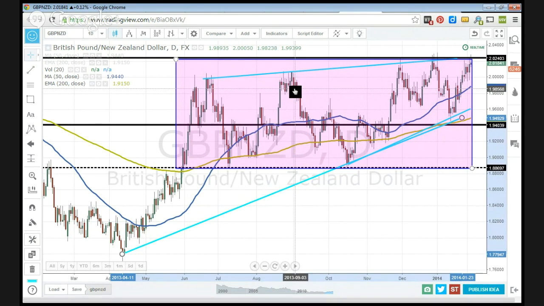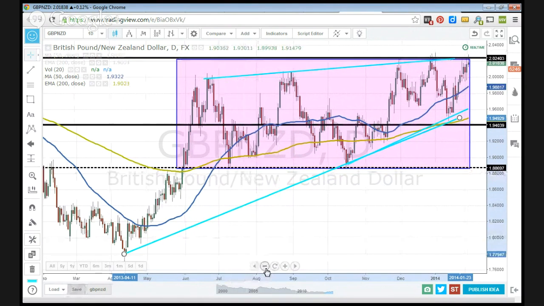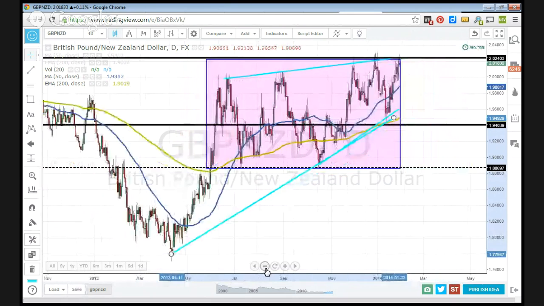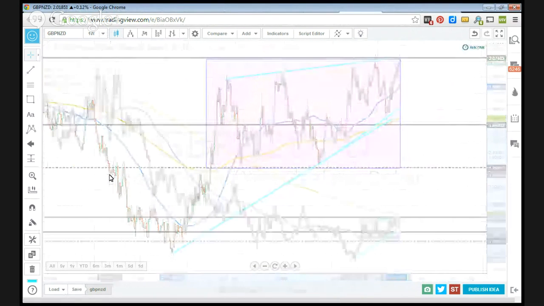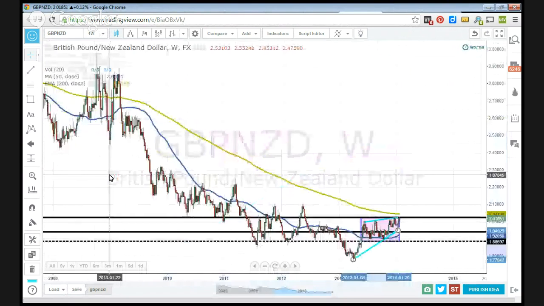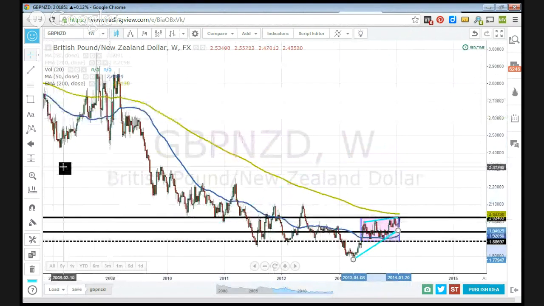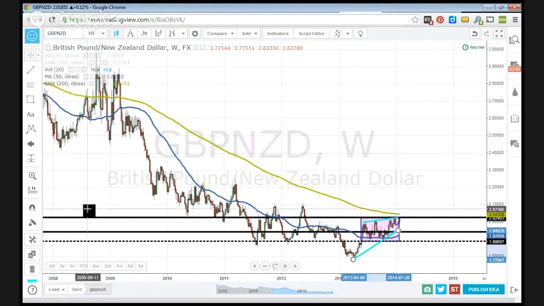So let's zoom out a little bit. Okay, you could say we're in an uptrend. Let's look at the weekly chart. Okay, the case for shorting on the weekly chart is stronger because we're right at the 200 EMA of the weekly chart.